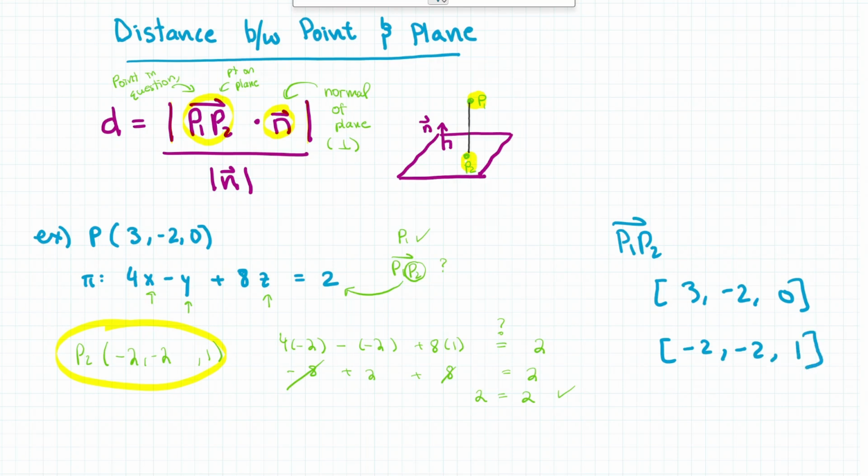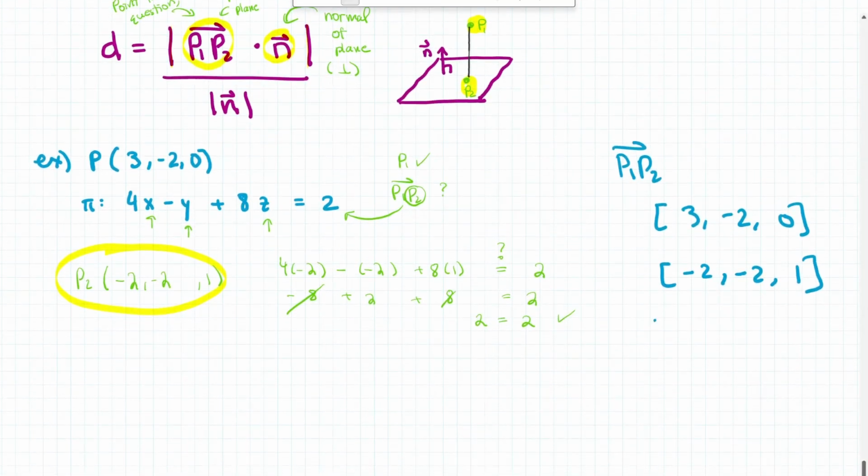In this case, it doesn't really matter if we do P1 minus P2 or P2 minus P1. If we do P1 minus P2, what do we get? We get a vector which is equal to (5, 0, -1). So we can now use this in our equation.